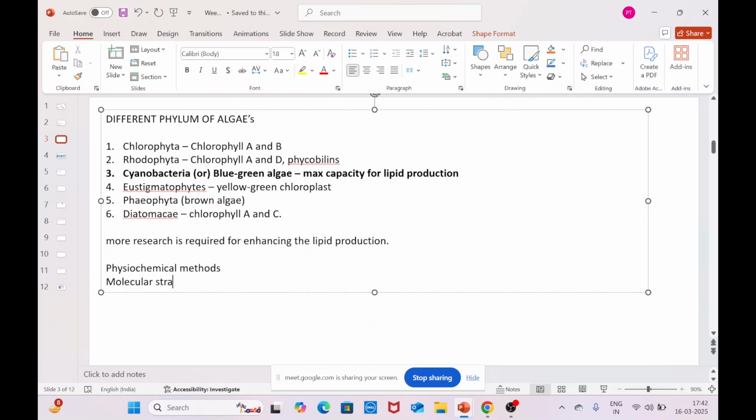So molecular strategies are typically something like gene splicing, or more often the genetic modification techniques.